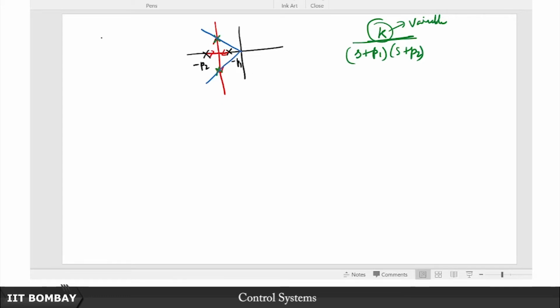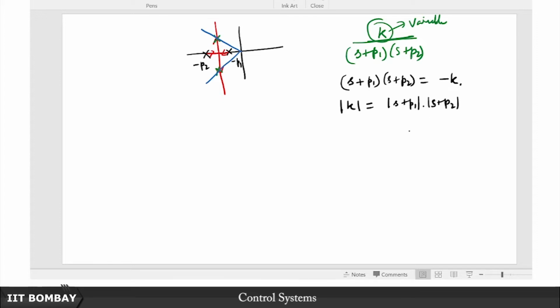When we are trying to satisfy the closed loop characteristic equation, it turns out that (s plus p1) times (s plus p2) is equal to minus k. So obviously the angle criterion is going to be met. All that we are required to do is to evaluate the magnitude of k, which is given by the magnitude of s plus p1 times the magnitude of s plus p2.